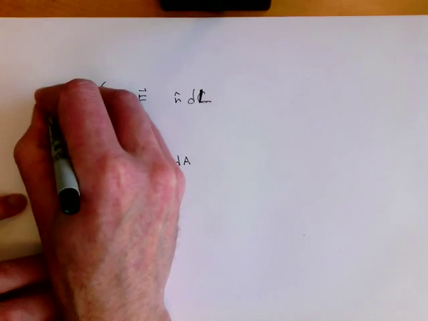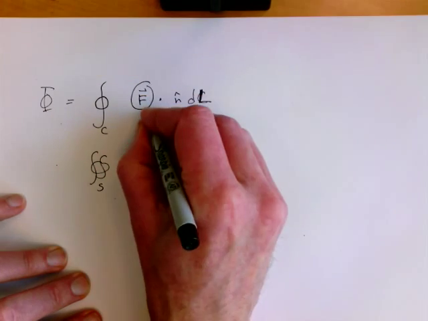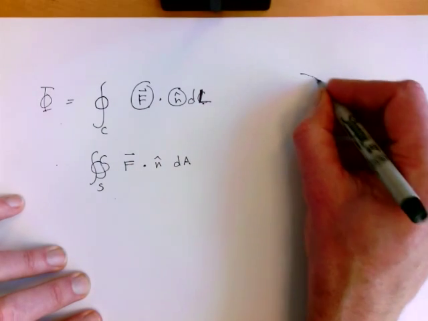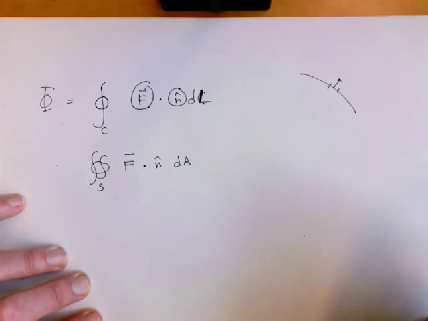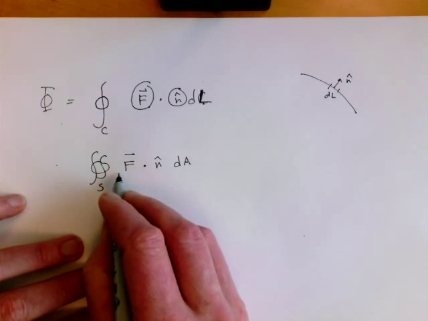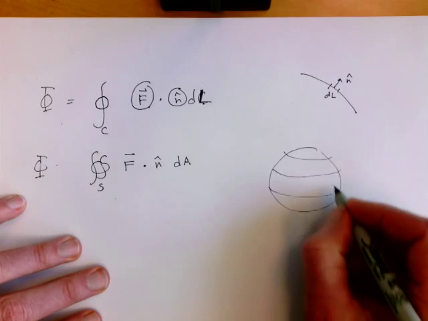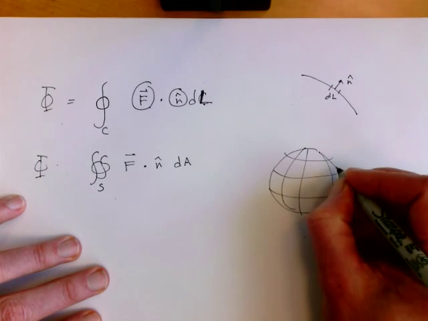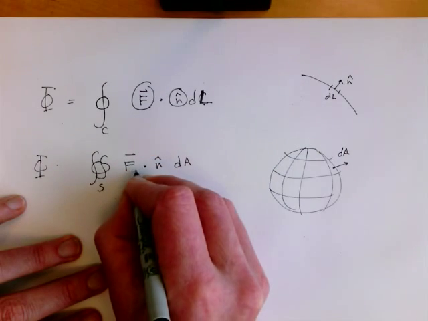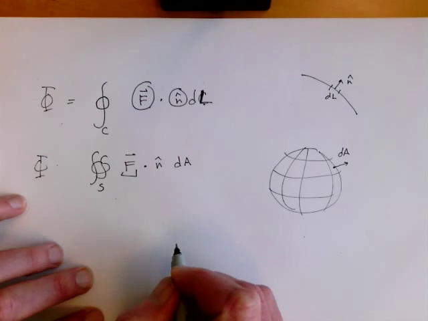So for 2 dimensions, your flux is this integral around a closed contour of whatever the vector field is, dotted with a normal vector times dl, right? So you have some length dl, and this is the normal vector for that little bit of length dl. And similarly for flux for a closed surface, you need to ask the question, what's the unit vector for that little bit of area dA? So you take whatever the vector field is you're calculating, dot n hat times dA.